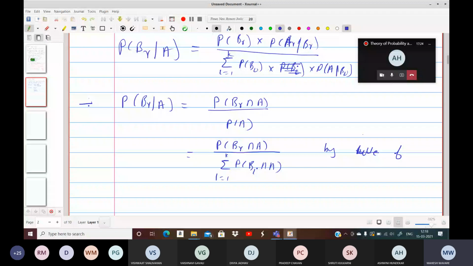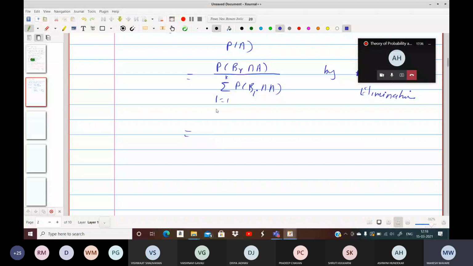So the probability of Br intersection A in the numerator can be written as the probability of Br multiplied by the probability of A conditional on Br. In the denominator, the probability of Bi intersection A can be written as the probability of Bi multiplied by the probability of A conditional on Bi.